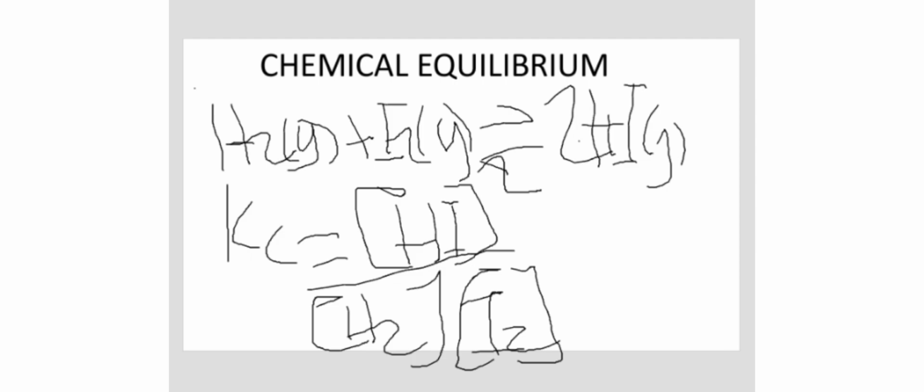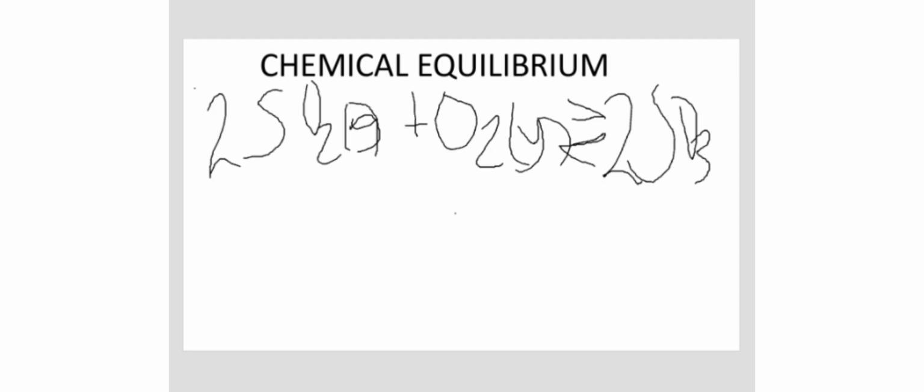Now, if you had the concentration of HI, the concentration of H2, and the concentration of I2, you would find the numerical value for what? For the equilibrium constant. Let's try again and do an example. For this one, we have 2SO2 plus O2 gas is equal to 2SO3.